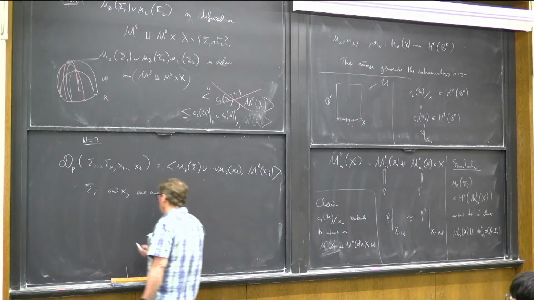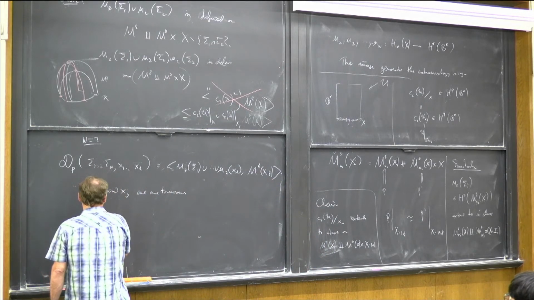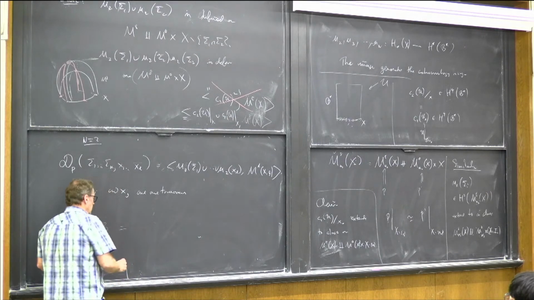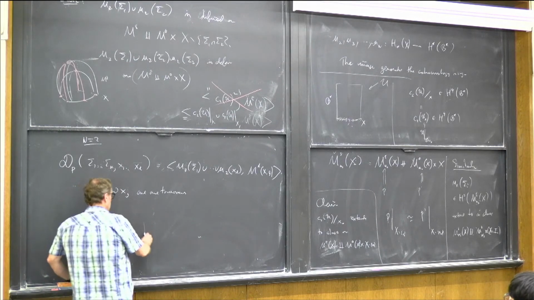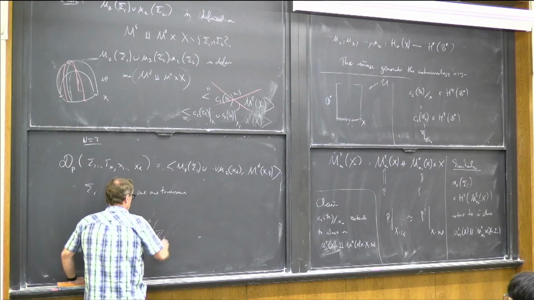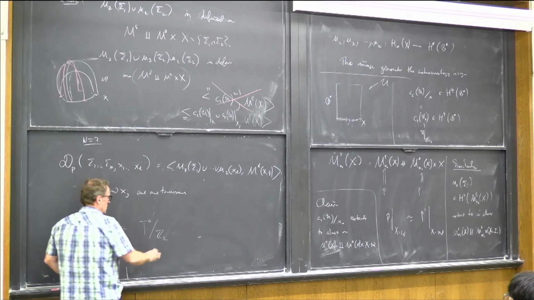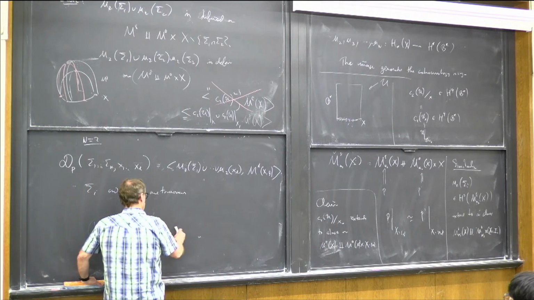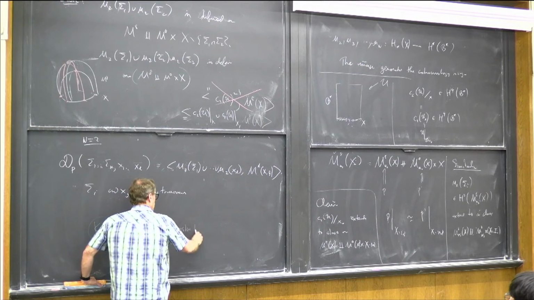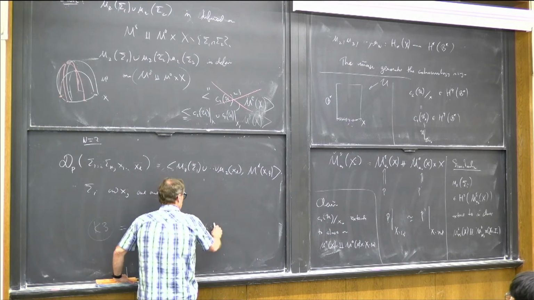A nice model for the K3 surface is to take T4 mod involution, and then resolve the 16 singularities.